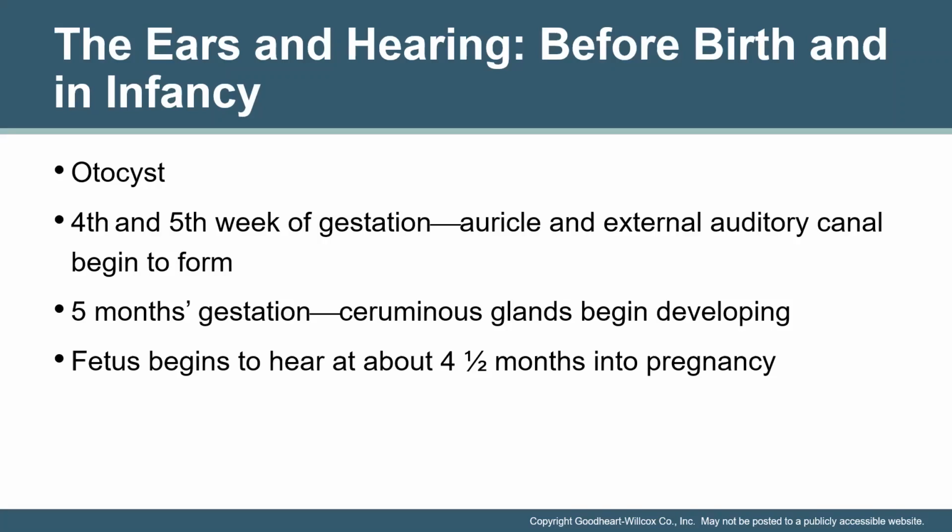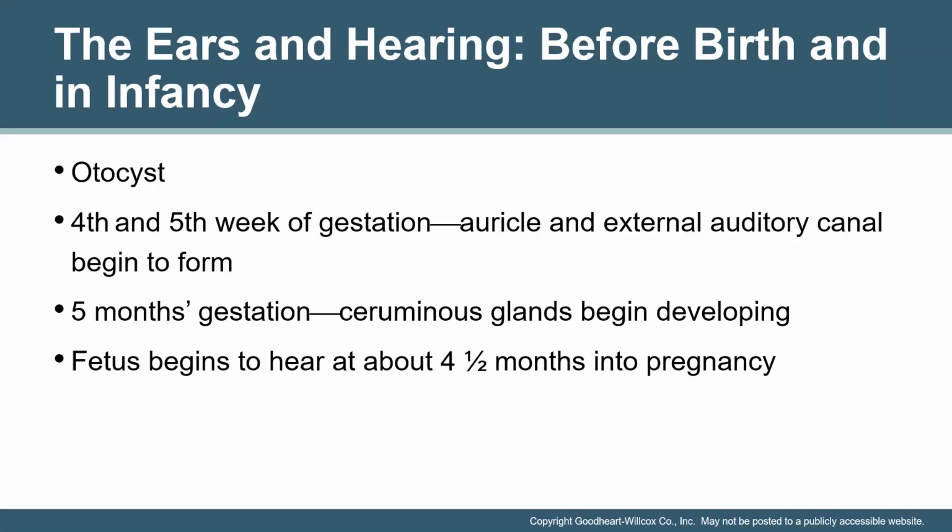This area folds inward, pinches off, and then forms a vesicle called an otocyst. This will begin to form the membranous labyrinth, which then divides further into the cochlea and the semicircular canals.